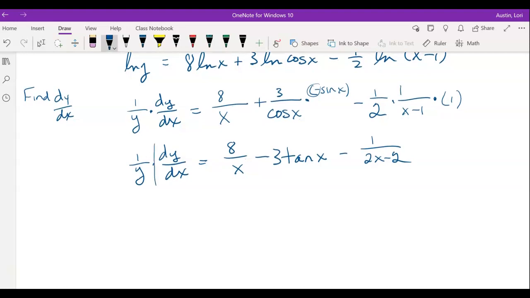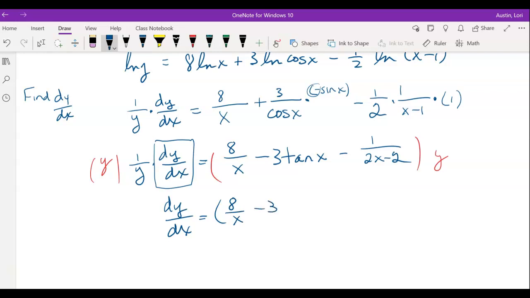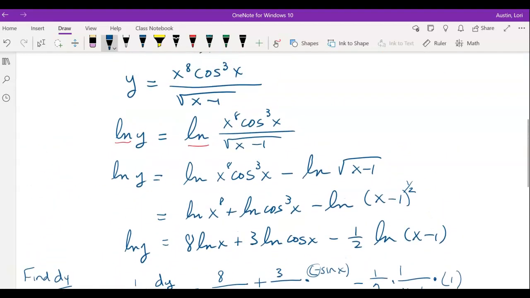What are we doing? We want to find dy/dx. So I need to multiply both sides of the equation by y. So dy/dx equals 8 over x minus 3 tan x minus 1 over 2x minus 2, times y. Well, what was y?